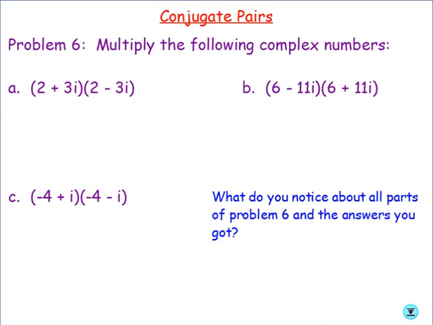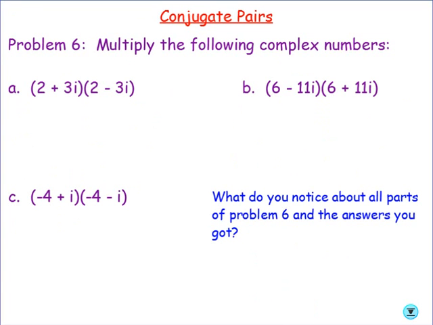I would like you to pause the video and multiply all three of these problems and see if there's anything you notice. You should notice something about all the answers. So pause the video and work through those.